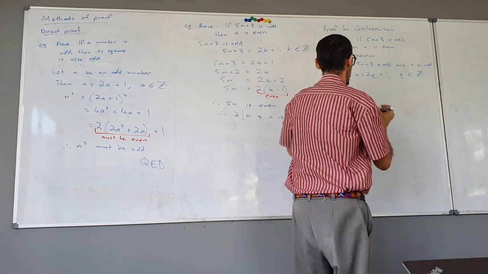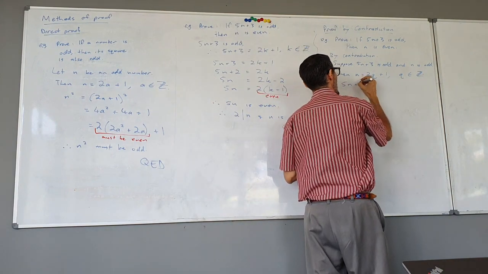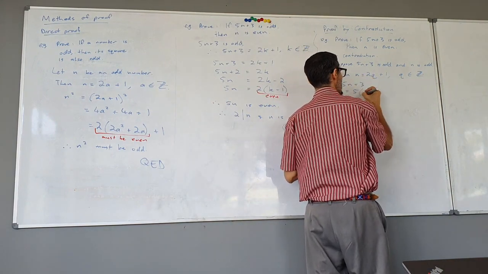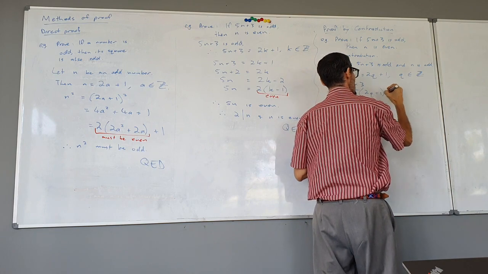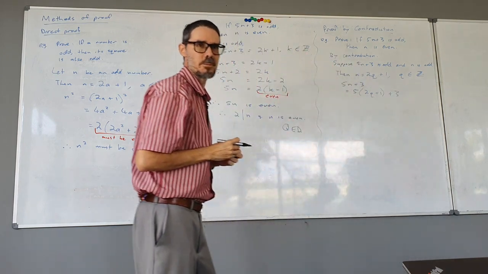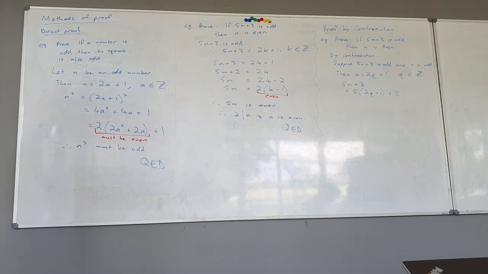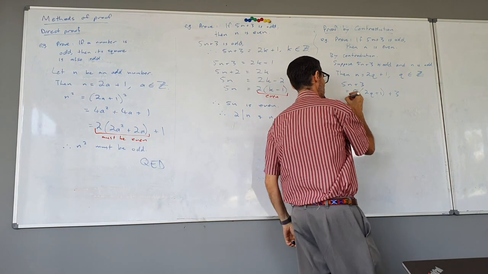Okay, let's look at 5n plus 3. That's equal to 5 lots of 2q plus 1 plus 3. Expand it out.